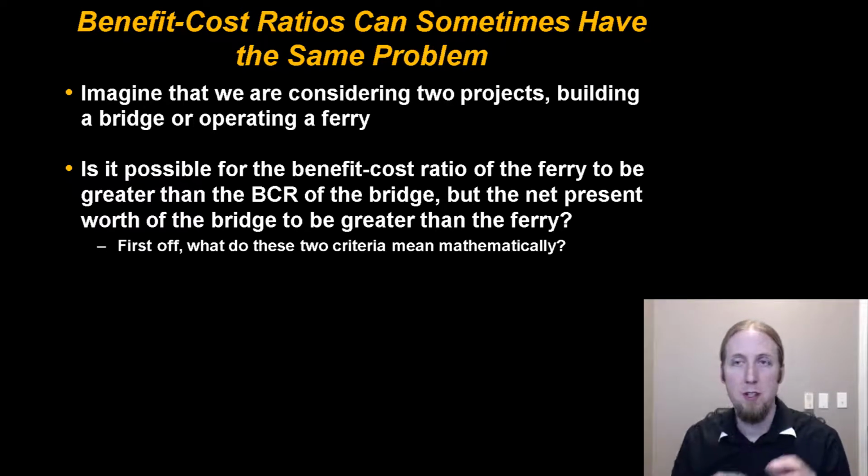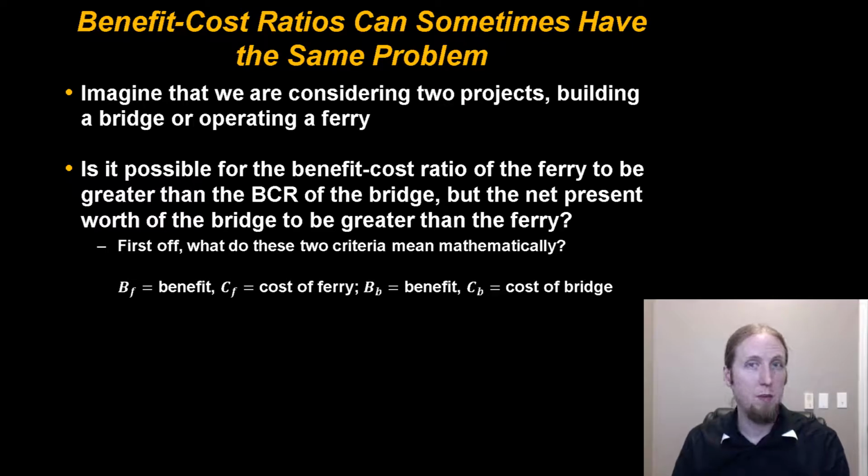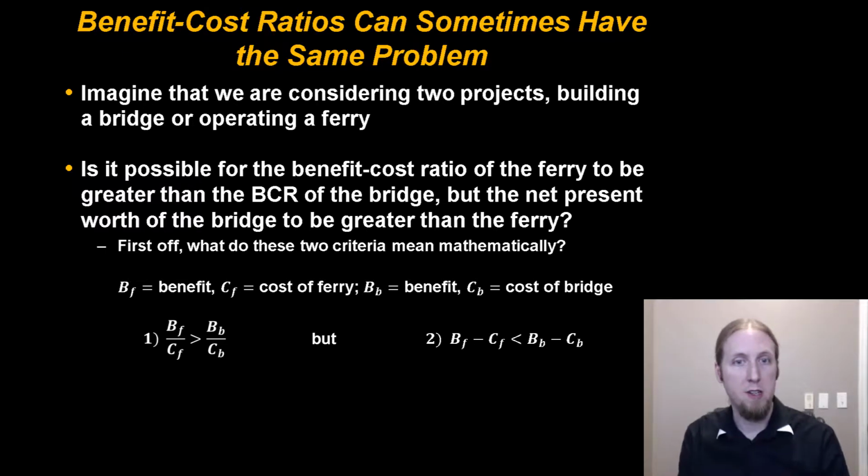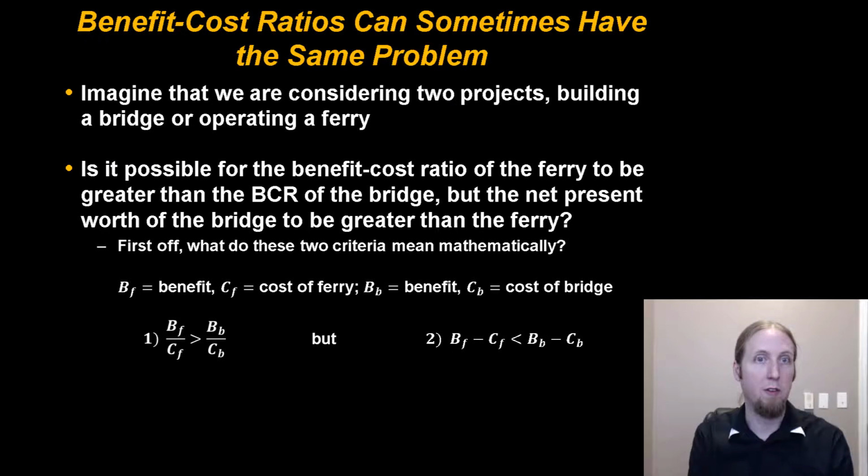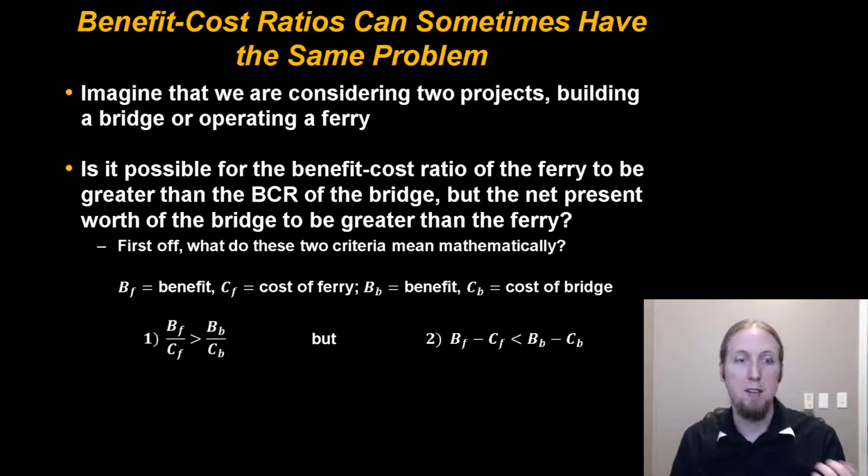First, we just want to ask, what does that criteria mean translating it into mathematical terms? If we have B sub f being the benefit of the ferry and C sub f being the cost, and then B sub b being the benefit and C sub b being the cost of the bridge, then the first criterion, saying the benefit cost ratio of the ferry should be greater than that of the bridge, is B sub f over C sub f greater than B sub b over C sub b.